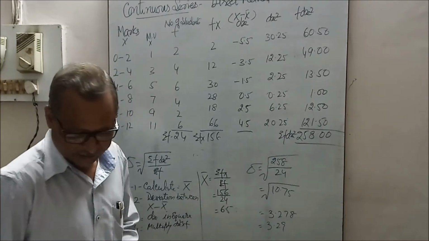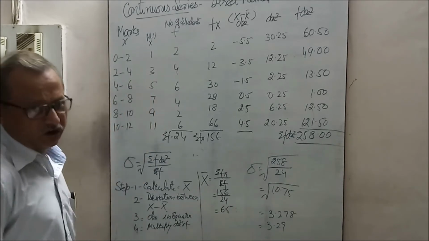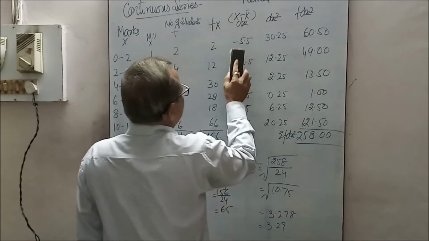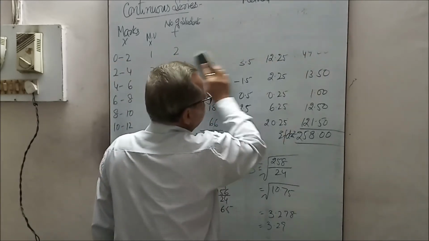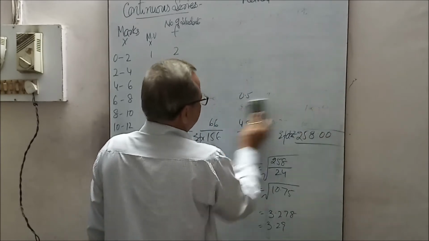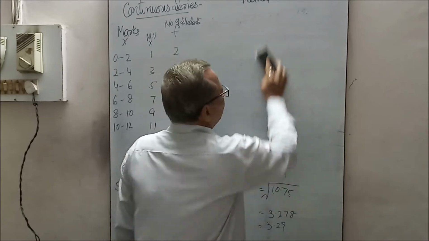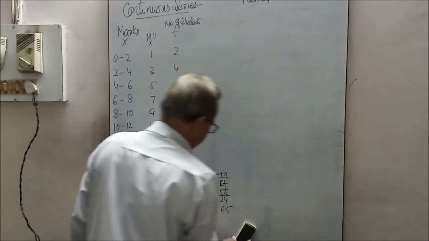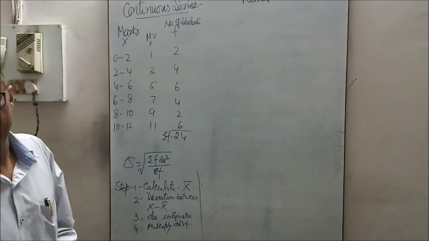Now the same thing we will learn using the shortcut method. But this is a little bit calculative or confusing when you are multiplying and converting the square.